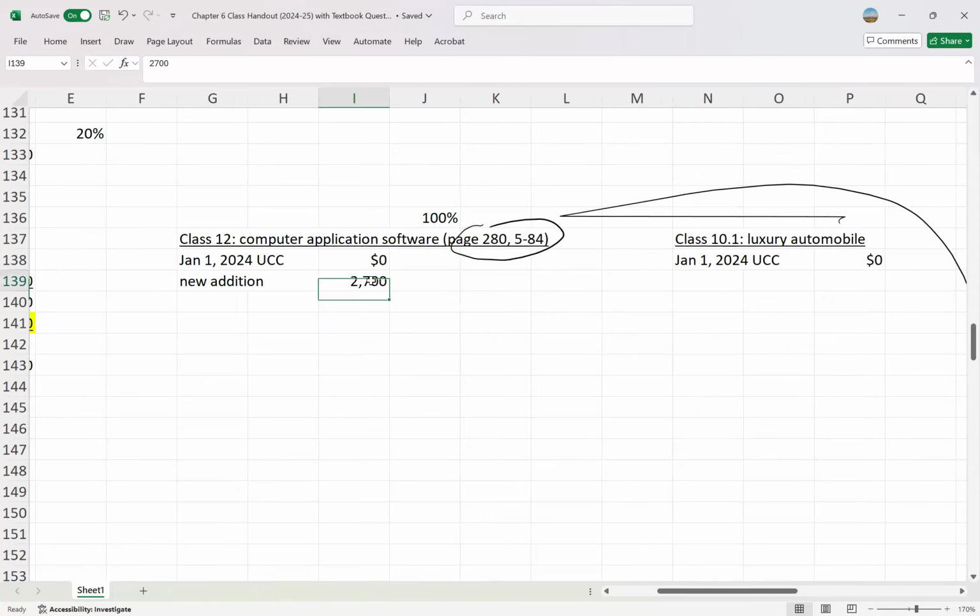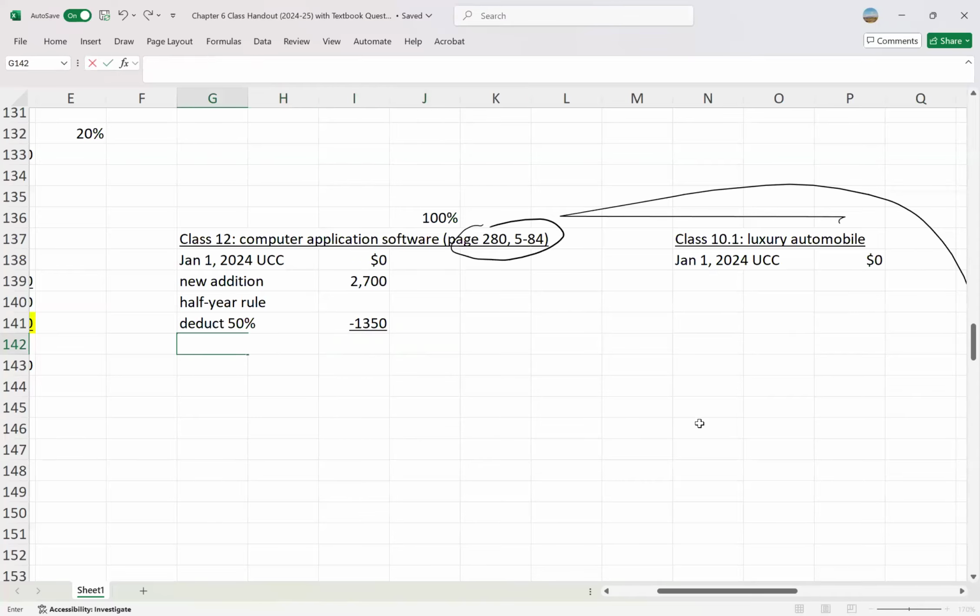So even though we have this new addition, we have this half-year rule, and so we can only deduct 50%. So 50%, we can only deduct 1,350.